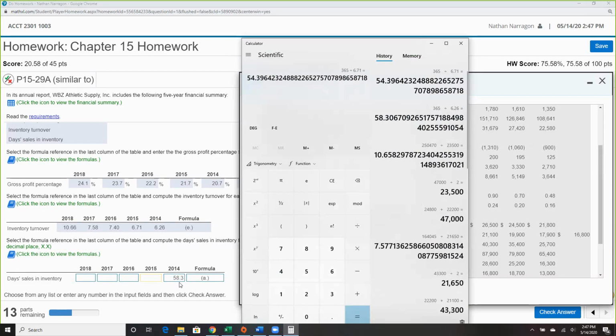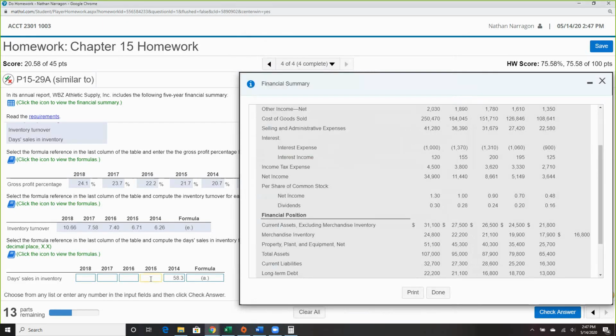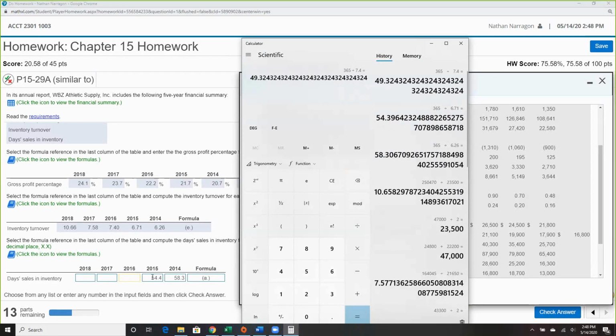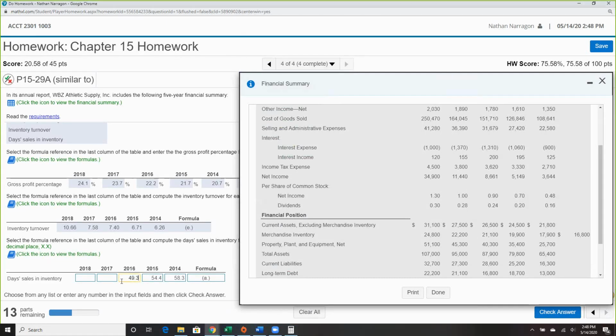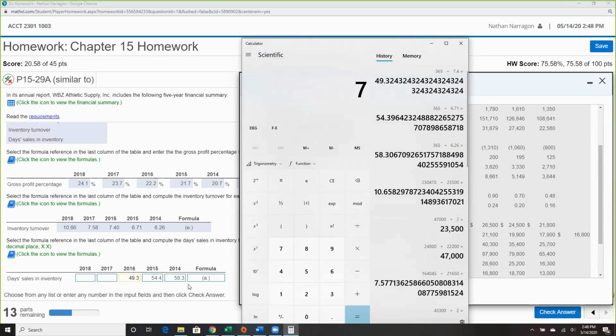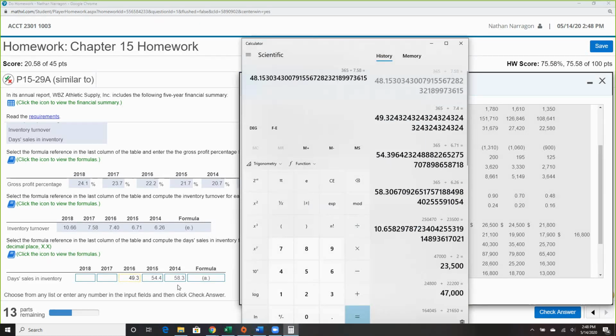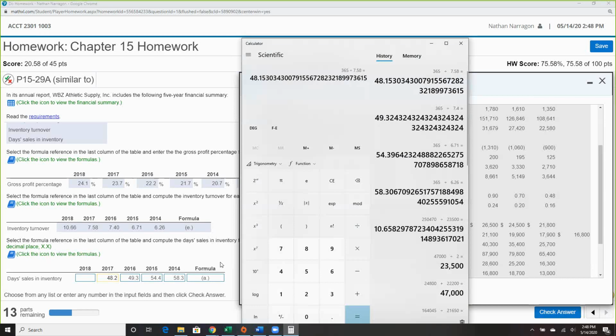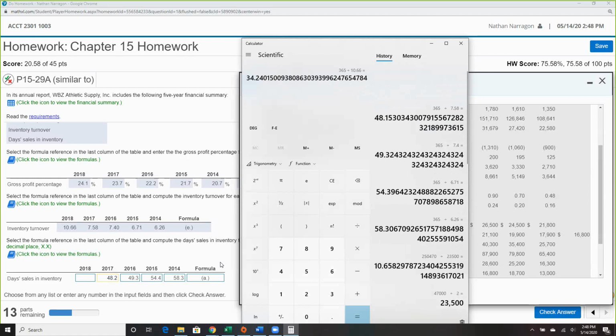Yep, 6.4.4, not 6.4, wow, 54.4, okay, 16, we have 49.3, okay, 17 is 48.2, and then last but not least, 2018, which is 34.2.